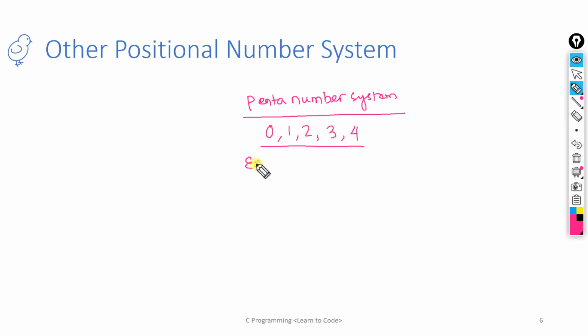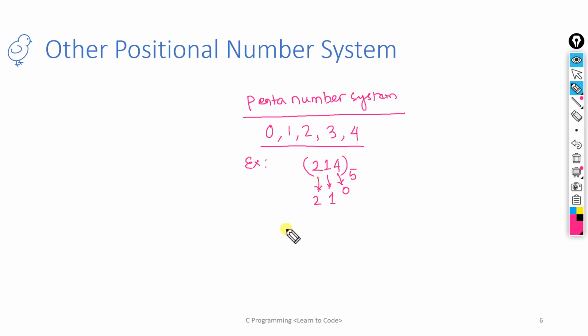Let us take an example. An example of a penta number system may be 214 of base 5. So the base of this number system is 5, right? If a penta number is given, how do we convert it into the equivalent decimal? This is your 0th position, this is the 1st position and this is your 2nd position.